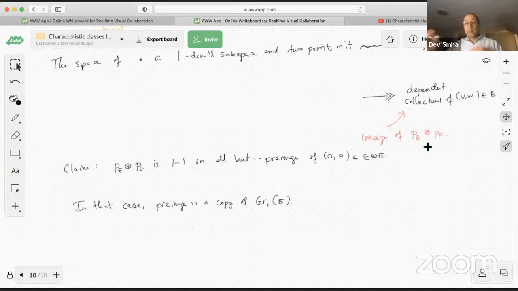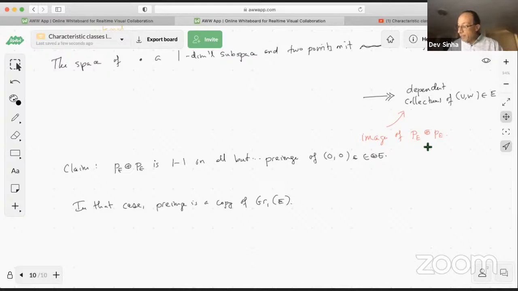So if I sample almost any 2 vectors which are dependent, if one of them is non-zero, then I know what line they were sampled from, namely the span of that. But if both are 0, I don't know what line it is, and that's GR1E.